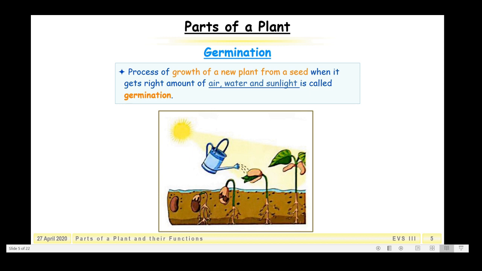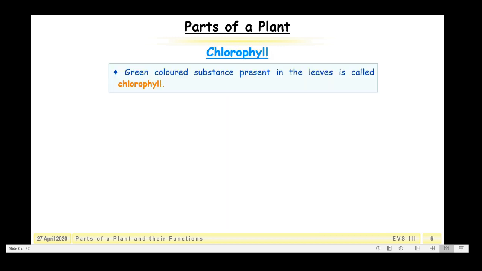And now what makes the leaves green and how do plants breathe, we will take up in our next slide. Okay, there is a new term again, chlorophyll. The green colored substance present in the leaves is called chlorophyll.